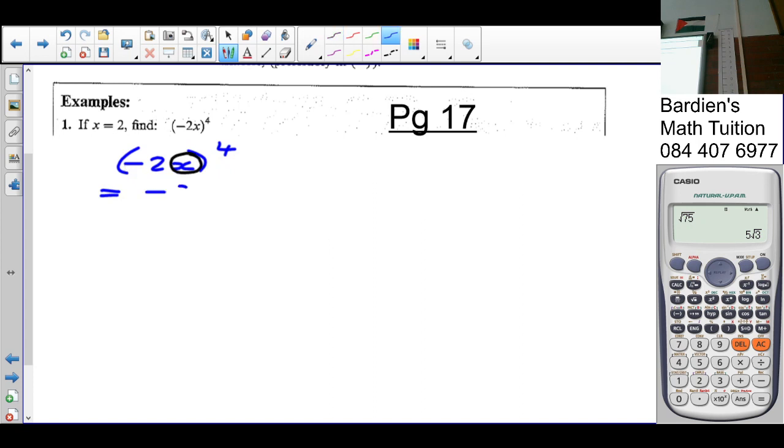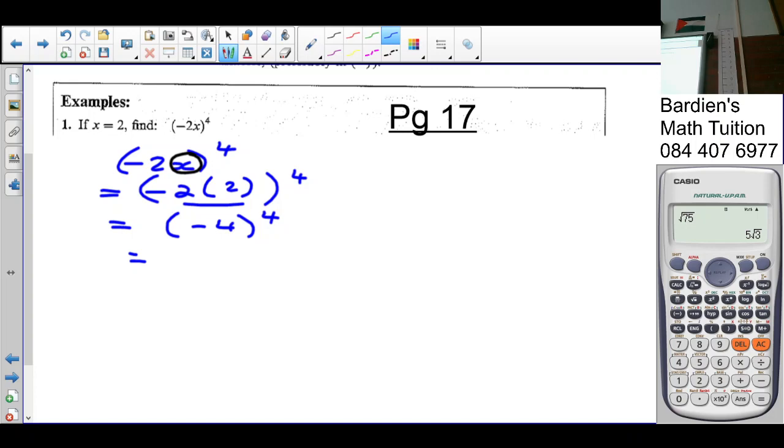So that would be negative 2, open brackets, 2 raised to the exponent 4. You all okay with that? What does bracket stand for? Multiplication. So according to Bodmas, I'm going to solve the inside of the bracket first. So what's negative 2 times 2? Negative 4. Negative 4, raised to the exponent.